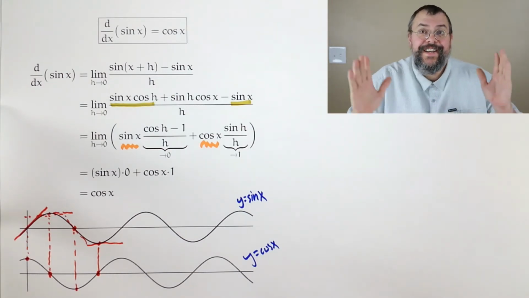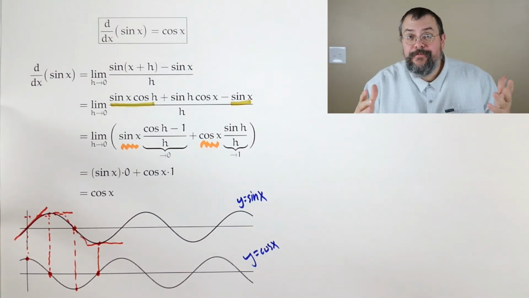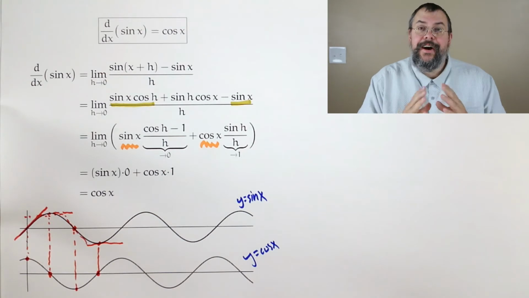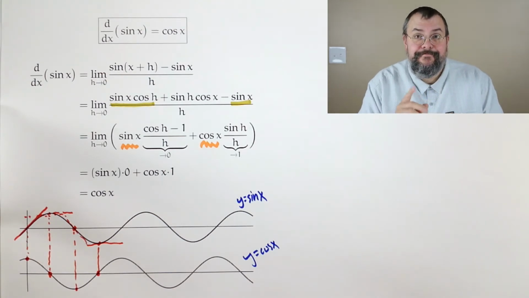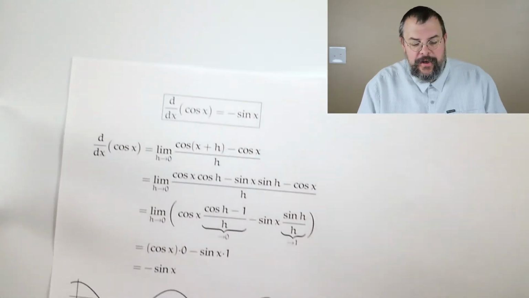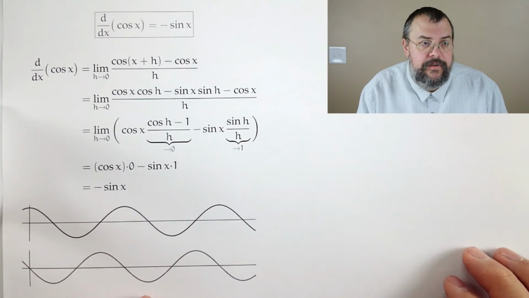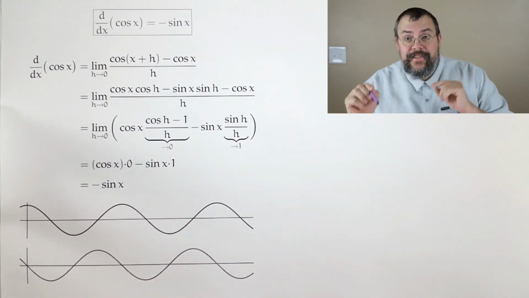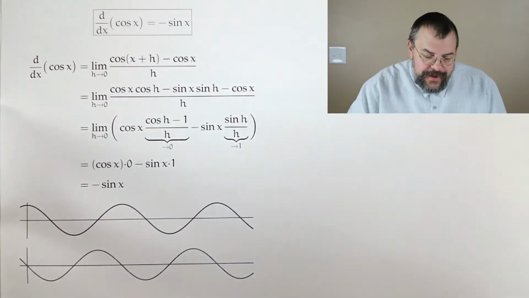All right, so really simple. The derivative of sine is cosine. So the reasonable thing to do is, let's talk about the derivative of cosine. Any guess? Let's find out. Well, of course, we're not going to guess. We're going to get the answer. So, what's the derivative of cosine? The derivative of cosine is negative sine. So close.